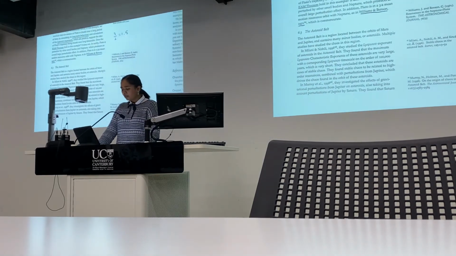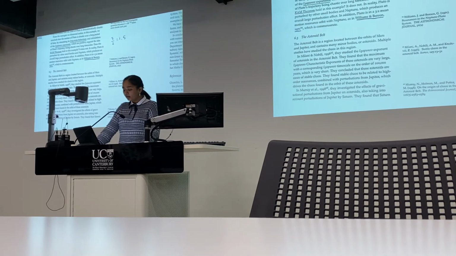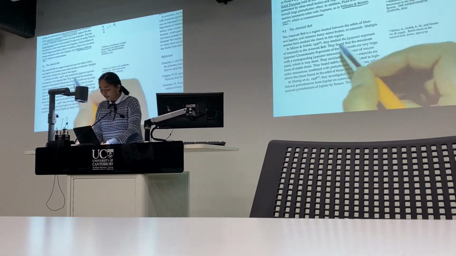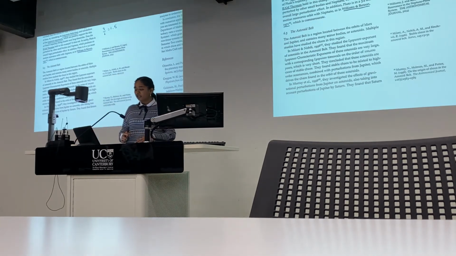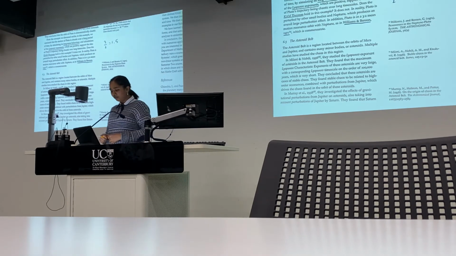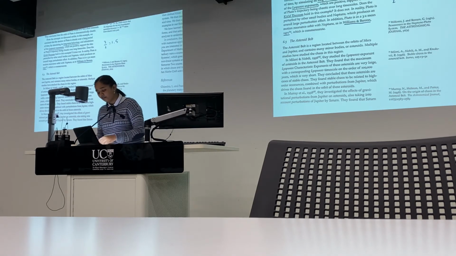Okay, last example, the asteroid belt, which I had mentioned before when talking about resonances. The asteroid belt is located between the orbits of Mars and Jupiter, and it contains many asteroids, which are called minor bodies. Multiple studies have been able to study chaos in this region.